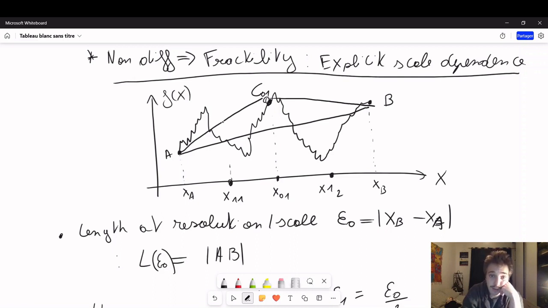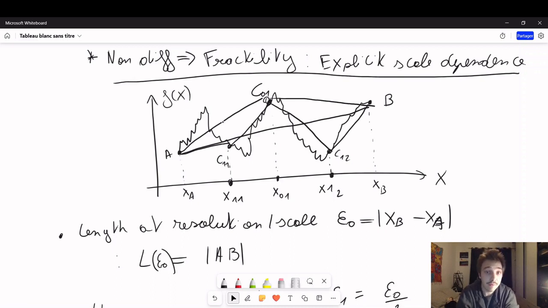Let's call the points here C11 and here C12. When you compute the length at that resolution epsilon 2, you cover your curve with lines like this, then like this, then like this, and then like this.